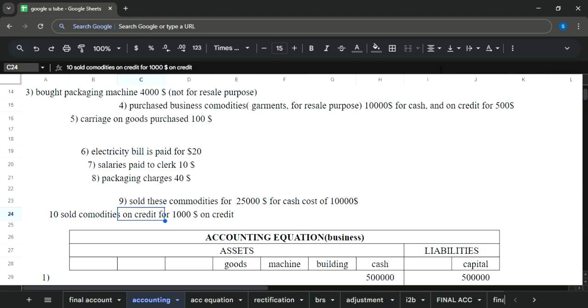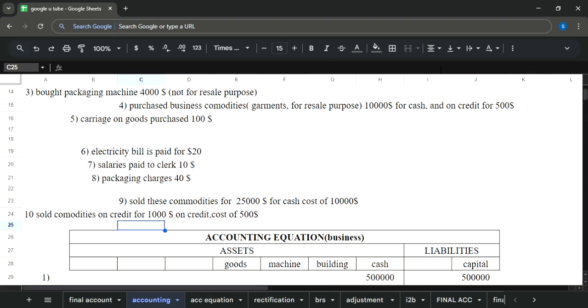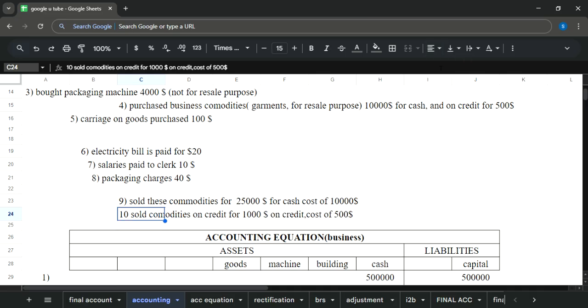Now number 10, you have sold these commodities on credit, but again we will mention cost of $500. Okay, so here you people are getting the point that we are selling these commodities to get some profit.